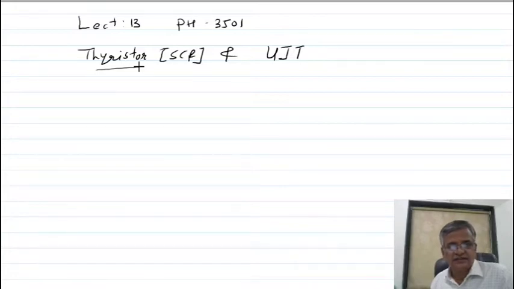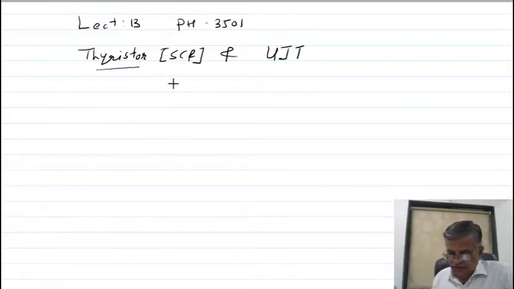In thyristors, the device can be switched from off to on condition. It means if initially current does not flow through the thyristor, by giving some triggering, the thyristor device can be made from off condition to the on condition.